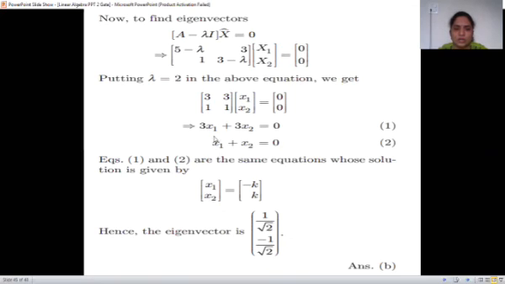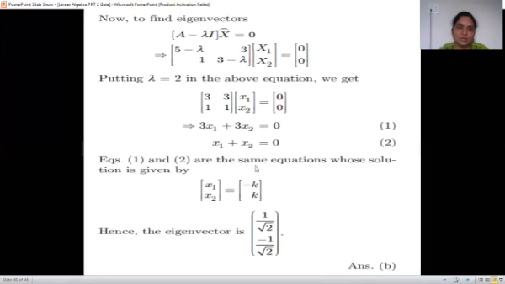If we multiply this equation by 3 and subtract, everything will get removed. As these are two same equations, we'll write x1 is equal to minus x2, and one of them we have to assume as arbitrary. Suppose we assume x2 is k, so x1 will be minus k.